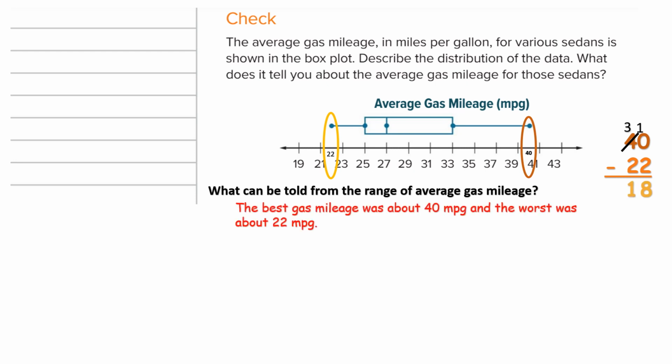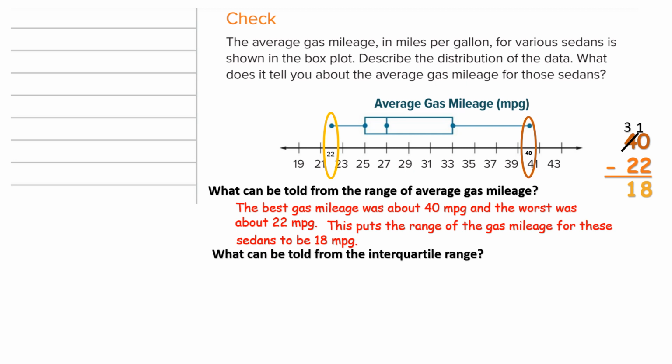So I would write a sentence something like this. The best gas mileage was about 40 miles per gallon, and the worst was about 22 miles per gallon, right? Then that puts, so I'm going to either make a complex sentence or put two sentences, that puts the range of the gas mileage for these sedans at 18 miles per gallon.